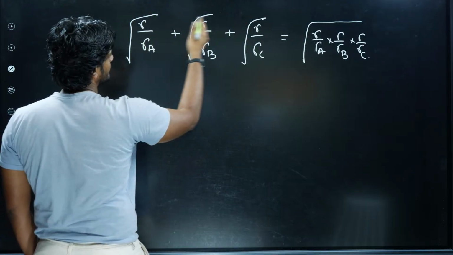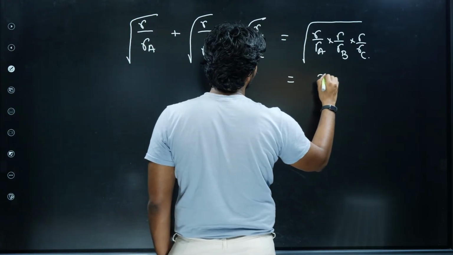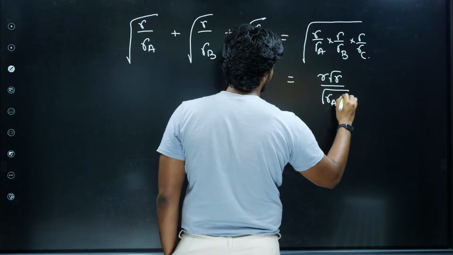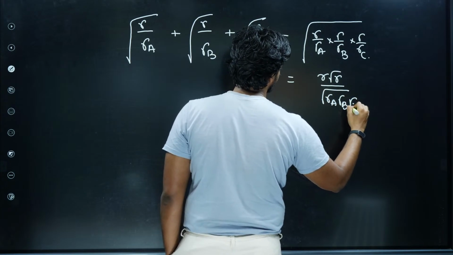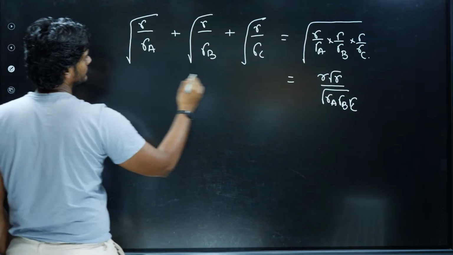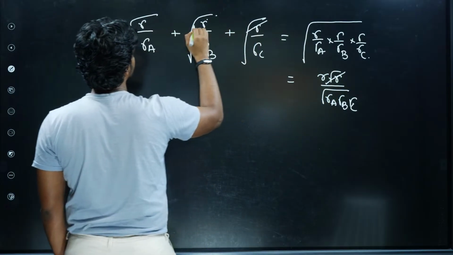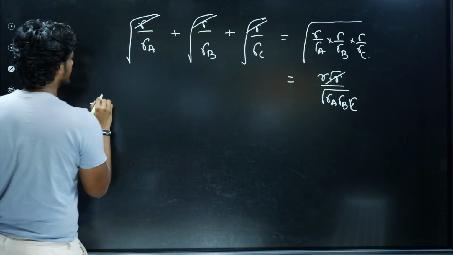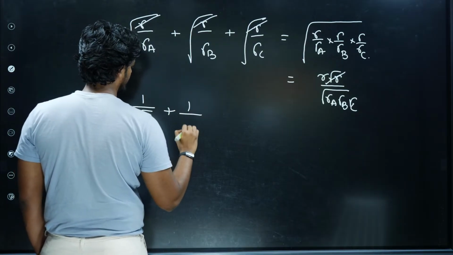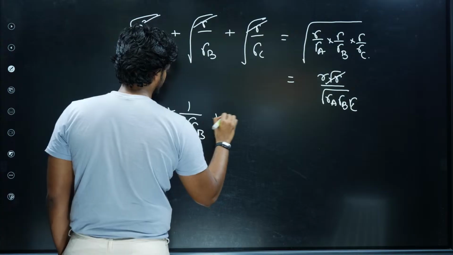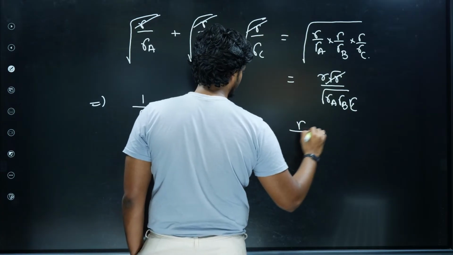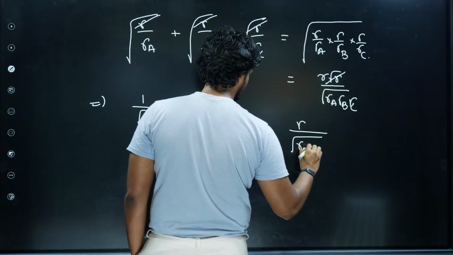So if you get this, this is actually r root r by root of ra, rb, rc. So I can cancel out one of the roots, right? The numerator will be cancelled. So I basically have 1 by root ra plus 1 by root rb plus 1 by root rc is equal to r by square root ra, rb.